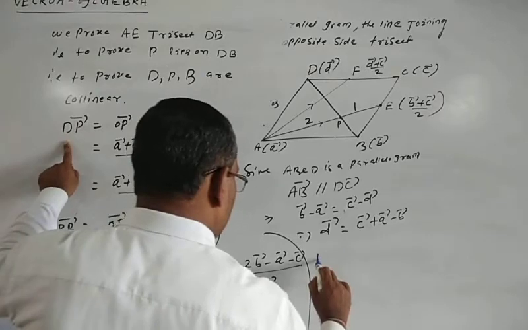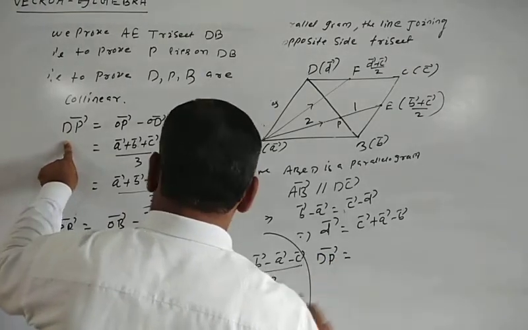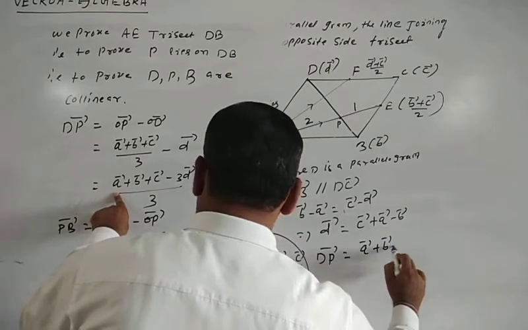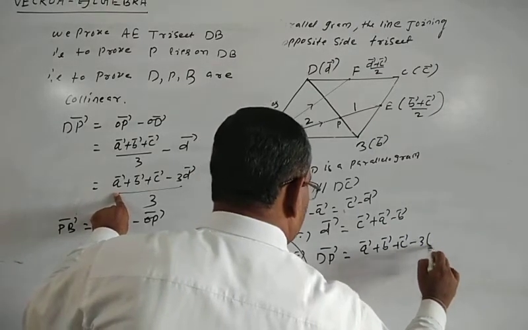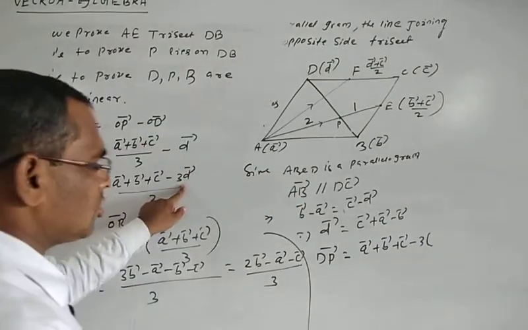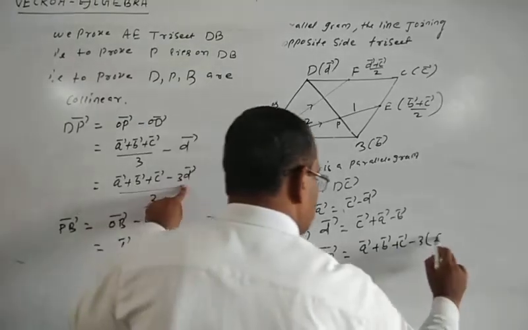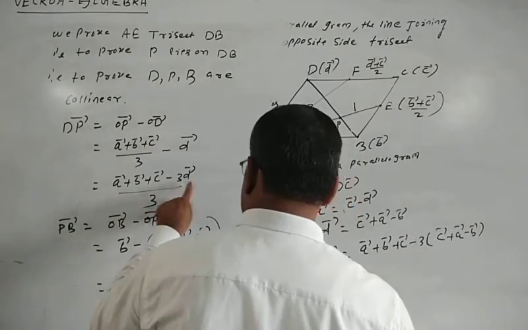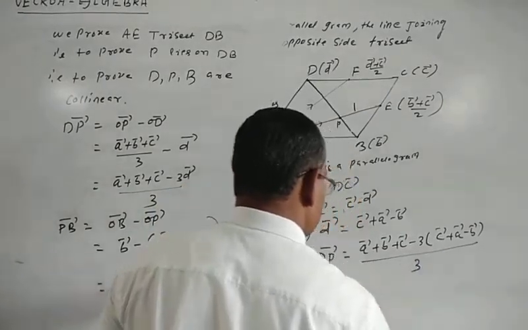Now DP vector is equal to A vector plus B vector plus C vector minus 3D vector, by 3.